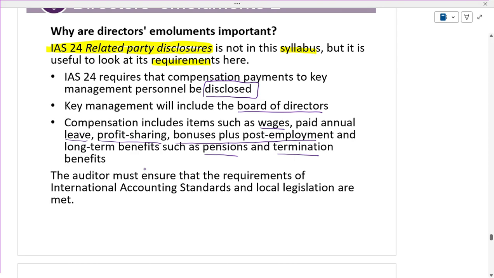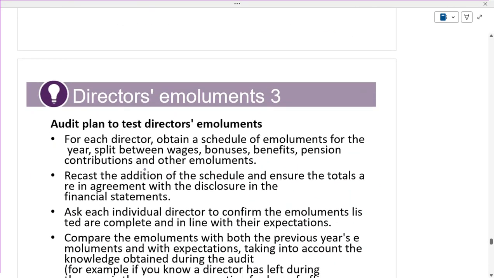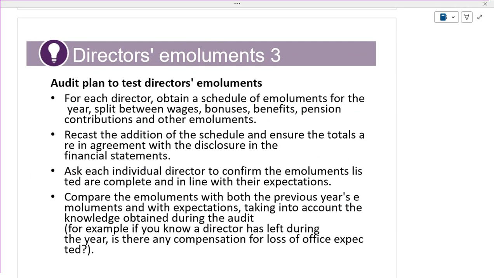The auditor must ensure the requirements as per IAS and, most importantly, with respect to local legislation. For each director, obtain a schedule of emoluments.